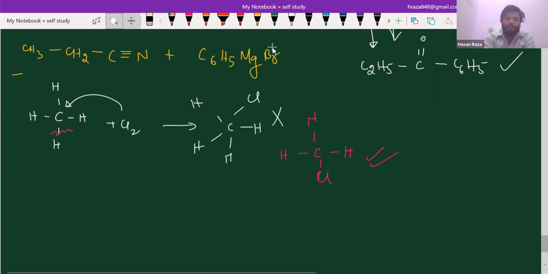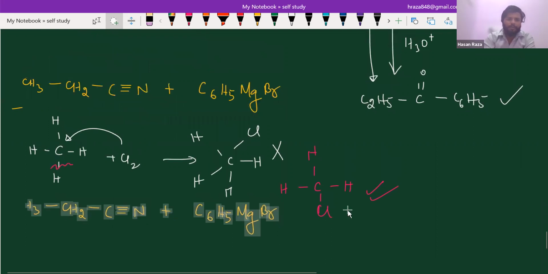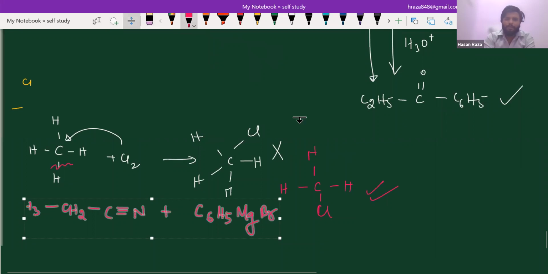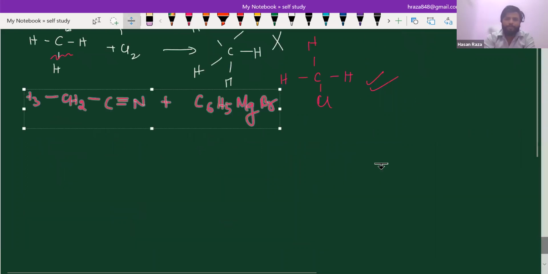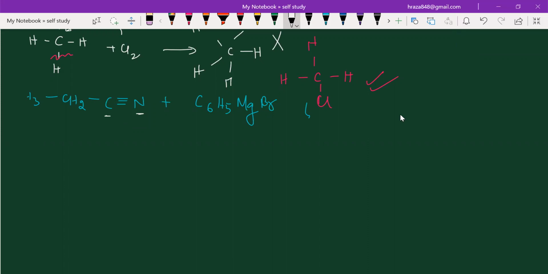It's very simple. Can anyone tell me, between carbon and nitrogen, which is more electronegative? Is it carbon, sir?